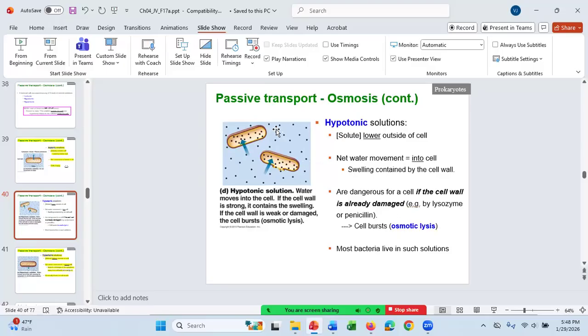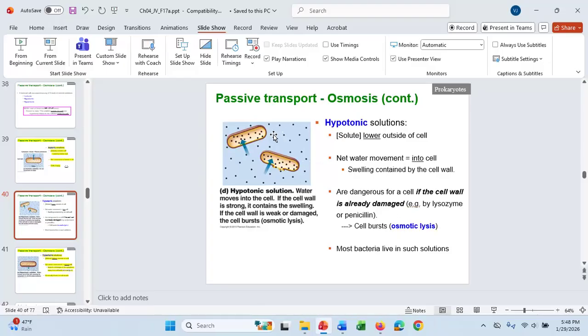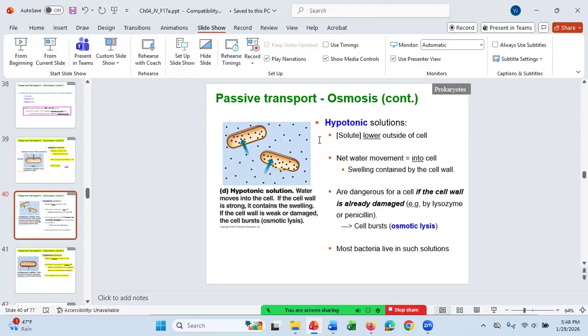Once they are touching each other, the cell membrane cannot expand any further. That will limit water moving into the cell because there's no space for the water to move into the cell. So no more water will move into the cell, and that will prevent the cell from bursting by osmotic lysis. And that's how the cell wall protects many bacteria. Probably most bacteria, but I'm just going to say many bacteria. Any question about any of that?